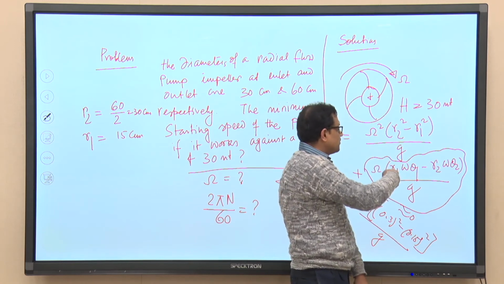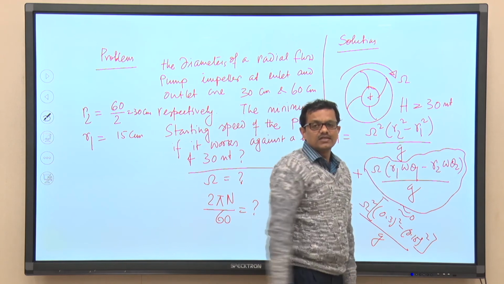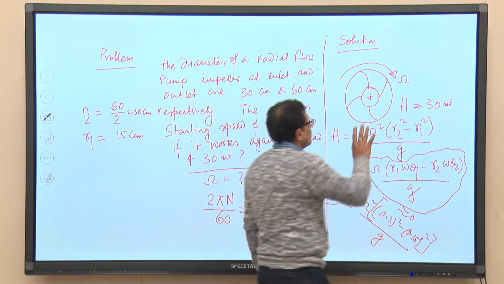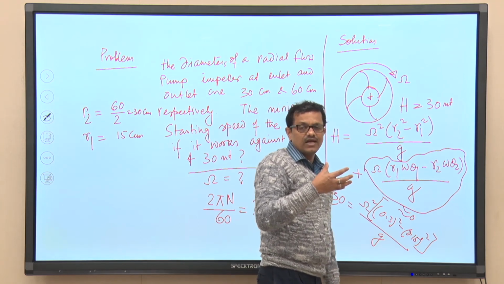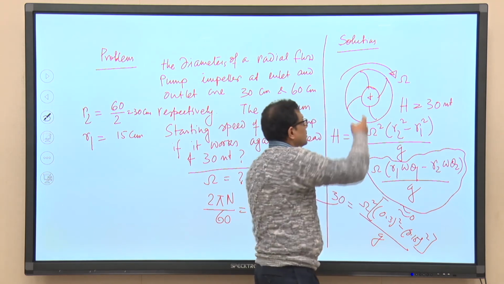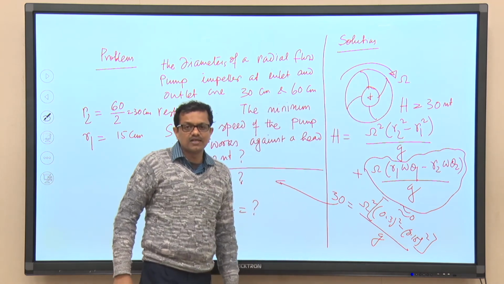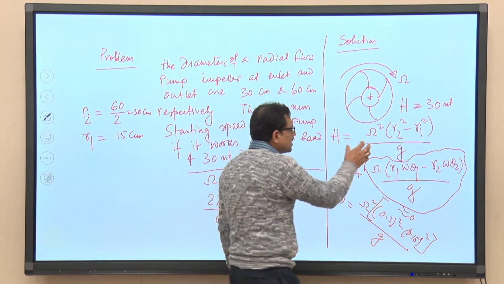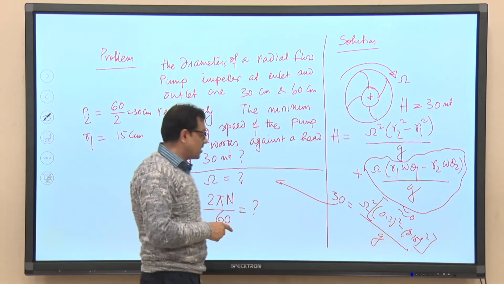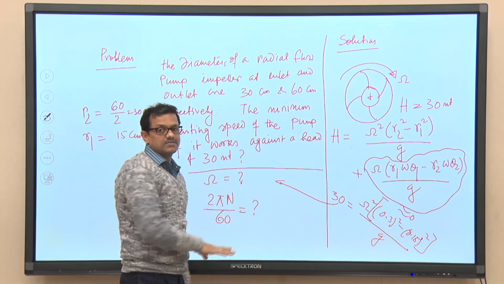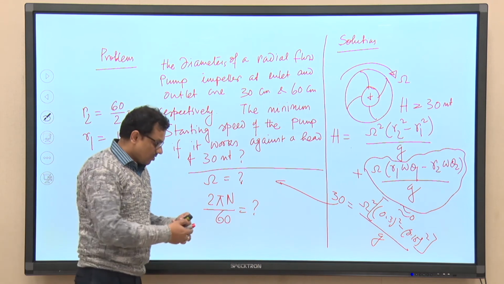So, if this term can be added, that will be favorable for the system, but from the understanding that we have gained today, assuming logarithmic spiral for the blades used for radial flow pumps, this quantity is the minimum head. If this is the minimum head that can be developed by the pump, what will be the minimum speed from this expression? So, that is why I have taken this example to solve in the class.